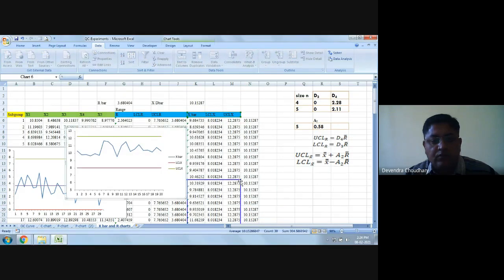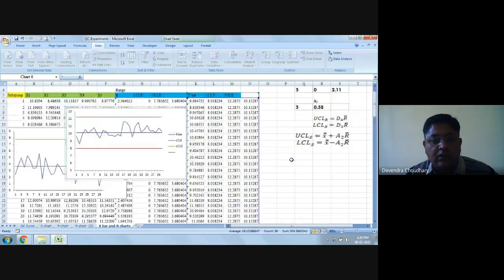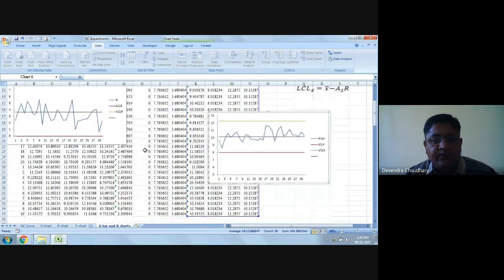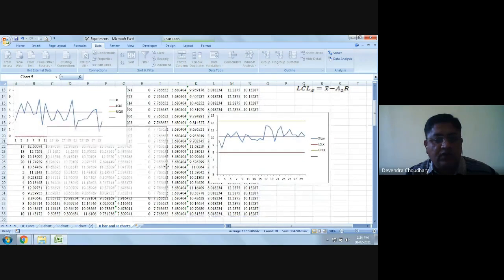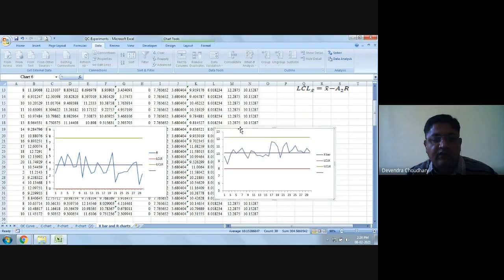See here and here. Now you can observe the effect. Earlier, since there was no center line, you were not able to see the effect. Now you can observe the effect.